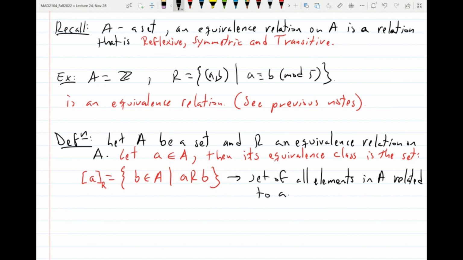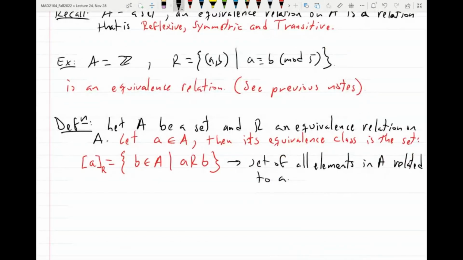And obviously, clearly, the equivalence class of a is a subset of the set A itself, because every element here is an element in A. The condition to be in this set is to be anybody that's related to this guy. So for example, we have an equivalence relation above.